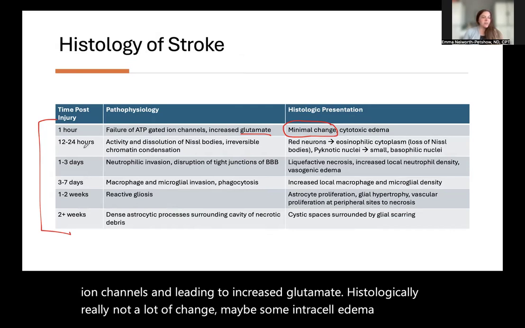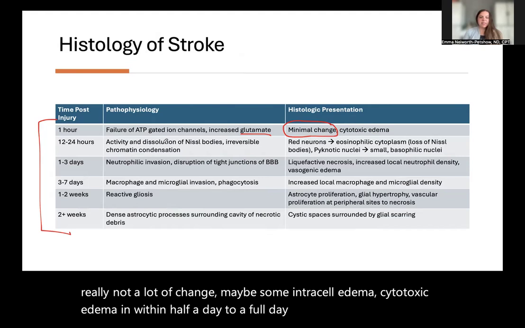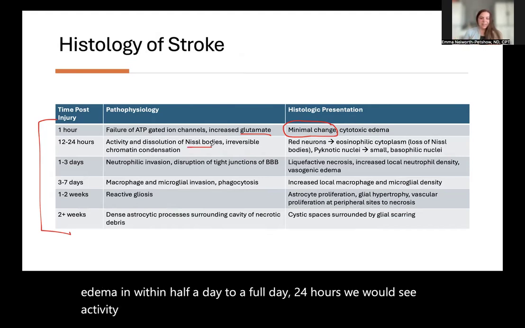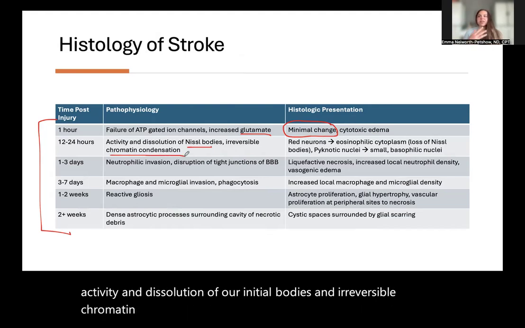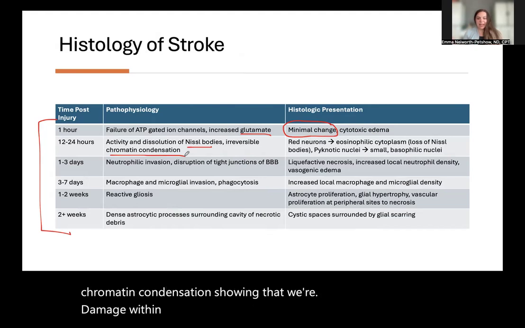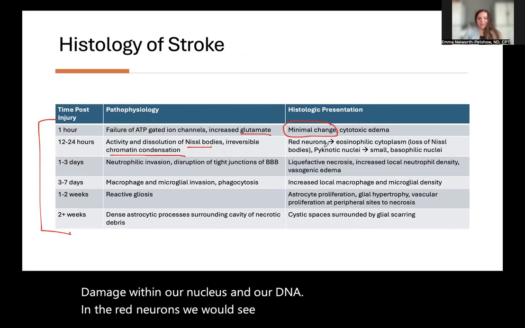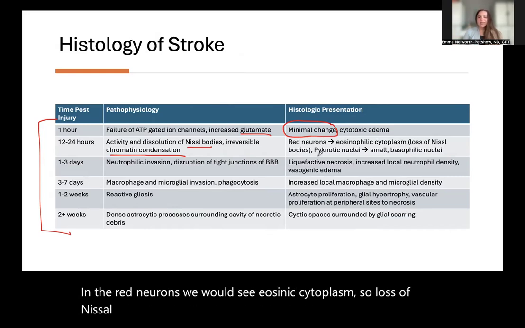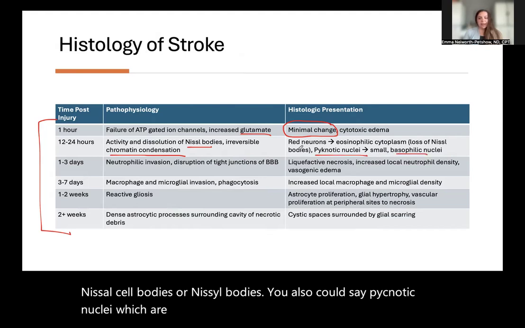Within half a day to a full day, 24 hours, we would see dissolution of our Nissl bodies and irreversible chromatin condensation, showing that we're starting to see damage within our nucleus and our DNA. In the red neurons, we would see eosinophilic cytoplasm, so loss of Nissl bodies. You also could see pyknotic nuclei, which are really small, dark staining nuclei.